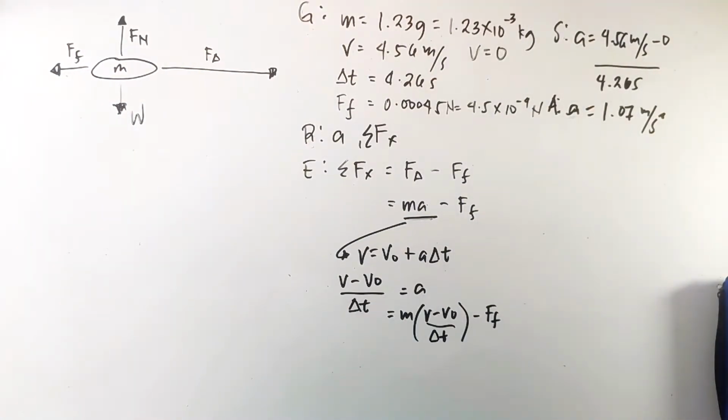The vertical axis is not being asked, so we don't really need to care much about that. So remember, when computing for individual axes, you solve for the individual axis. Don't combine them. That's from the previous topic under projectile motion, right? You've learned that you work on the individual axes.